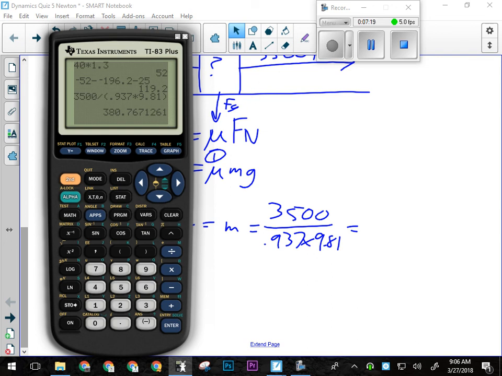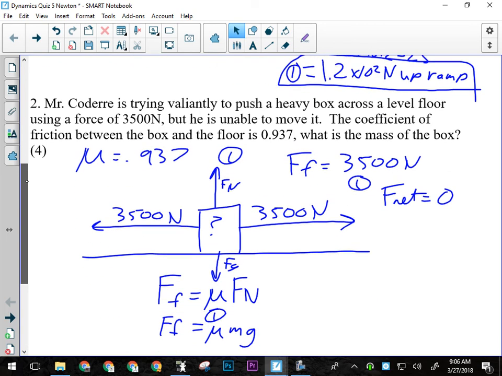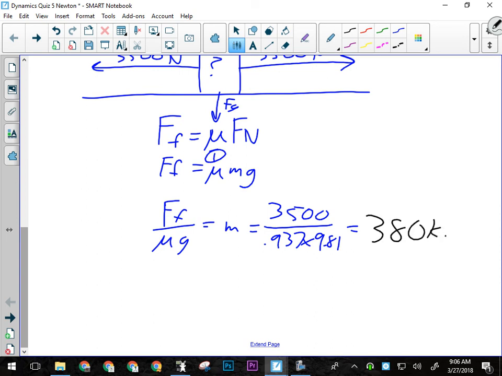So the mass of the box, and no wonder I couldn't move it, was 380 kilograms. And do we have 3 sig figs in this one? We have 3 significant figures in here. So 380 kilograms. Fourth and final mark on that one.